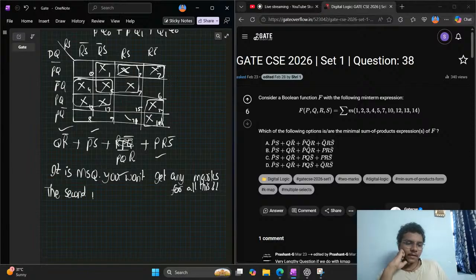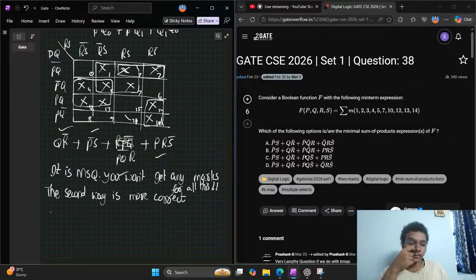The second way is more correct, to be honest. P bar S, that means PQRS. P bar means 0 and S means 1.